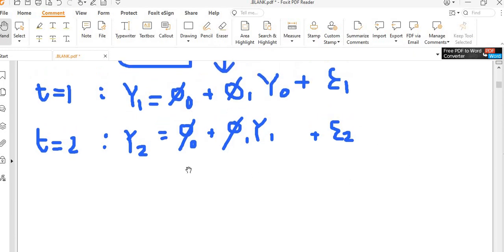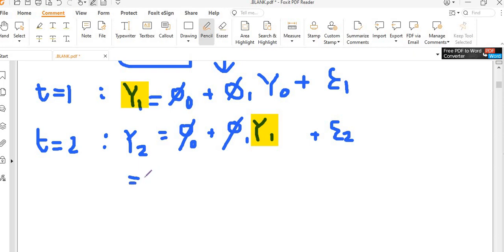So now we are focusing on the second period value. For now, y1 is also a past value, y0 is also a past value. Now what we can do is, you see this y1 is the same as this y1, right? It has to be the same. So instead of y1, we can put this entire expression.